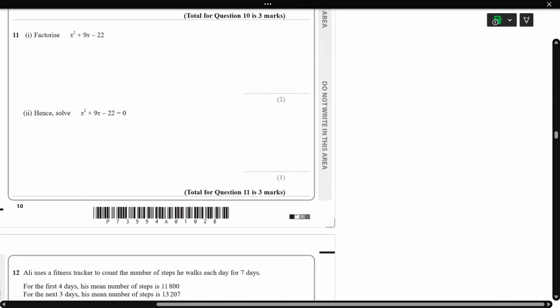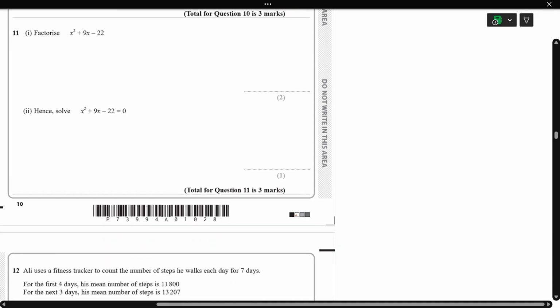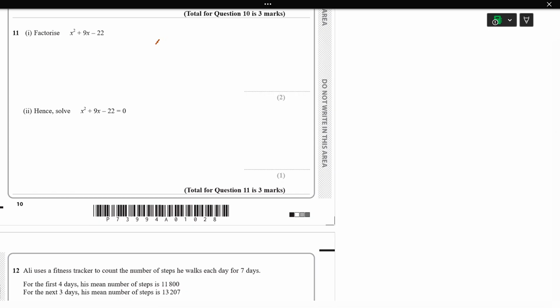Okay, the next question. Factorize x squared plus 9x minus 22. When we multiply, we have to get negative 22, and when we add, we have to get 9. So the factors are 11 and minus 2. When we multiply these two numbers, we get negative 22, and when we add, we get 9.